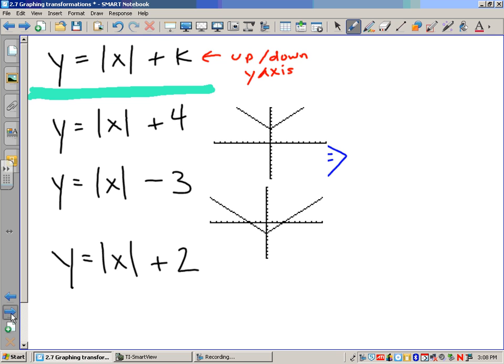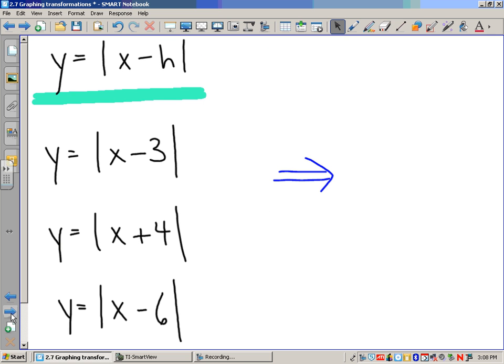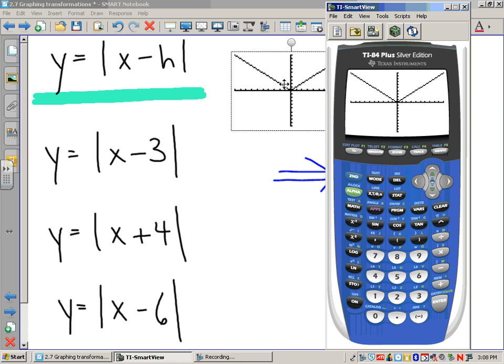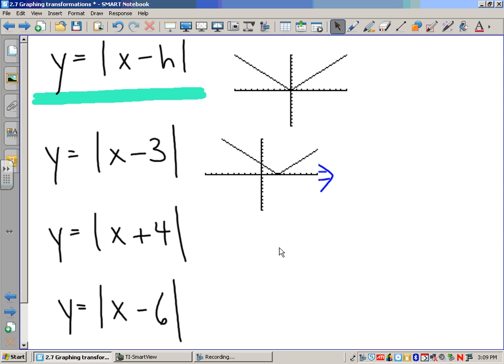Okay. Look at the number inside. Again, if we look first just at absolute value of x, there's my absolute value of x. If I change it and do the absolute value of x minus 3, strangely, it moved right 3.